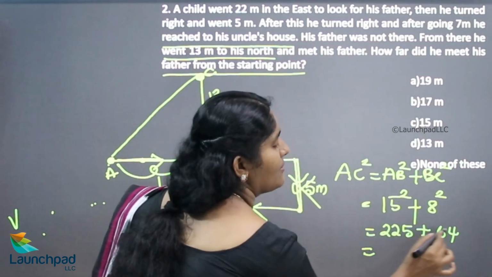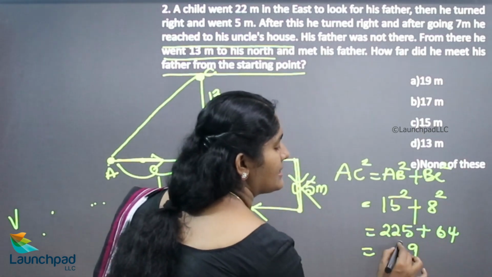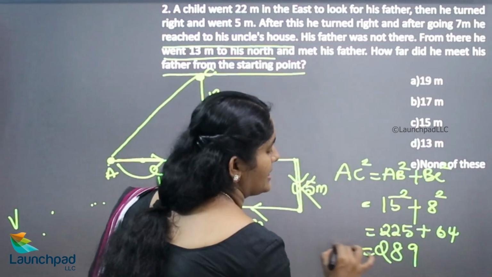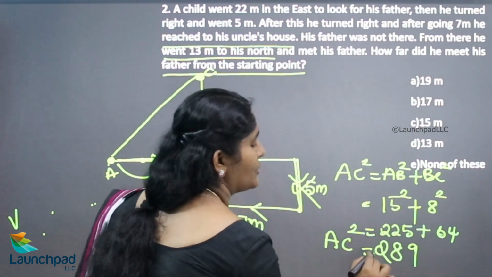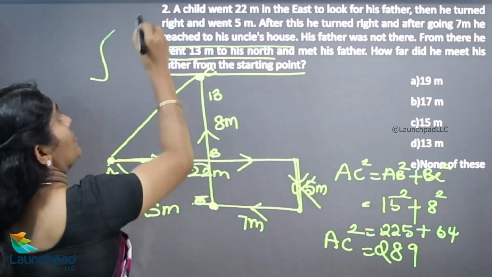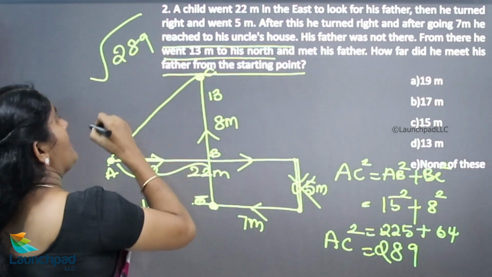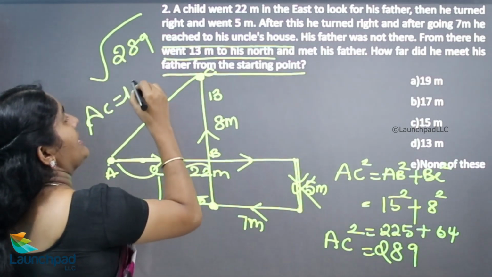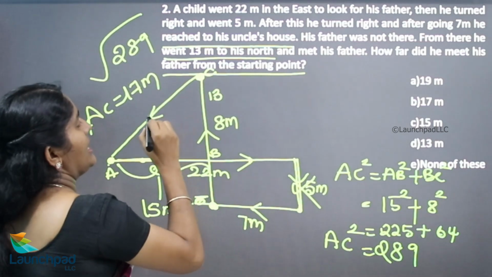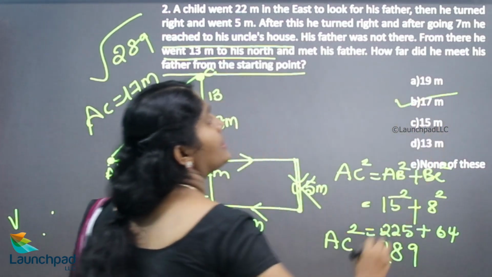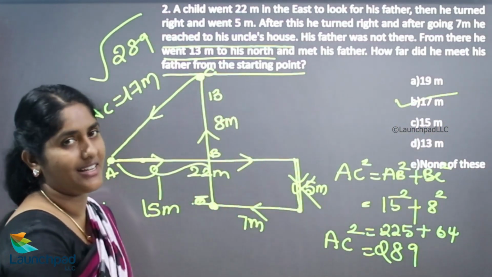Adding this, 5 plus 4 is 9, 2 plus 6 is 8, then 289. AC square is 289. Taking the root of 289, the shortest path is 17 meters. So the length of this is 17 meters. Option B is your correct answer.